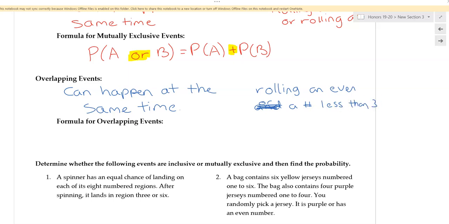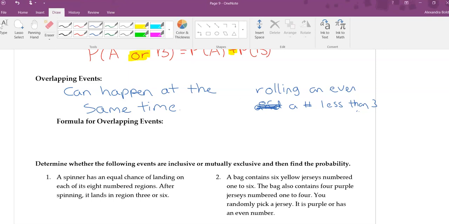Well, if you think about it, if I roll a 2, 2 is even and it's also less than 3. So both of those things are happening at the same time. And again, that means there is an and.